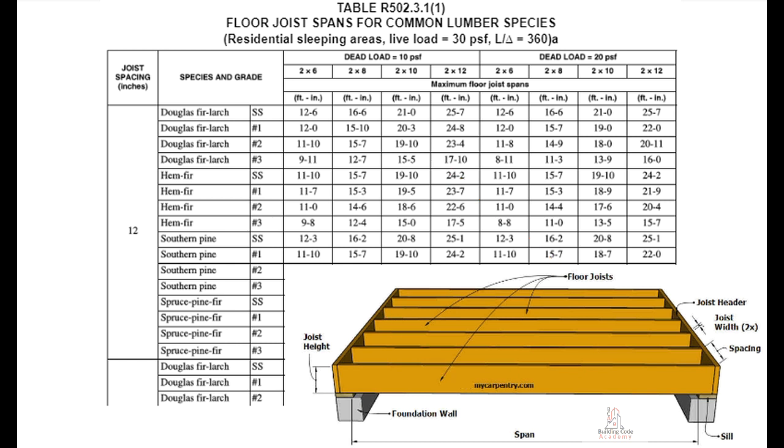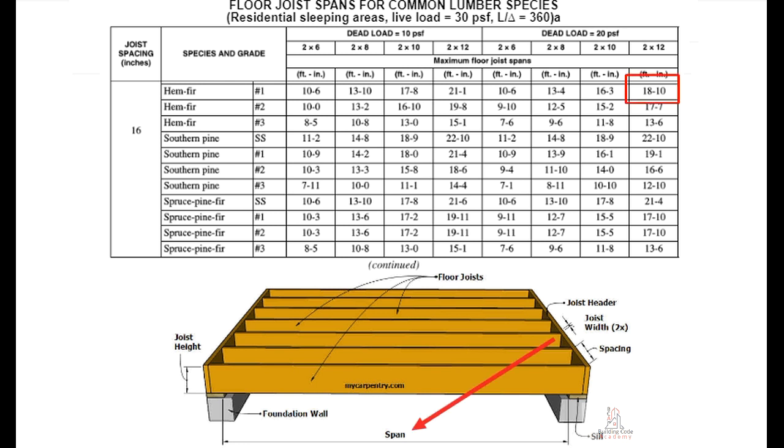Residential sleeping areas, live load equals 30 PSF, L over delta equals 360. 15 feet 18 inches maximum floor joist spans, with spacing at 12 inches, southern pine number 1 species and grade, joist size 2x8, structural dead load 10 PSF, pounds per square foot. 18 feet 10 inches maximum floor joist spans, with spacing at 16 inches, hem fir species and number 1 grade, joist size 2x12 and structural dead load 20 PSF, pounds per square foot.